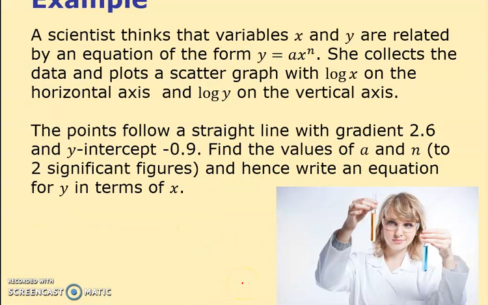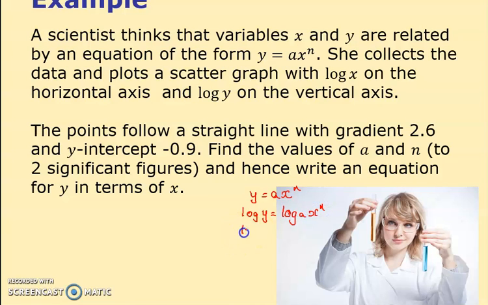Another example then. A scientist thinks the variables x and y are related by the equation y equals ax to the n. She collects the data and plots a scatter graph with log x on the x-axis. They're saying log again, so it's log to the base 10 of y equals the log of ax to the n.